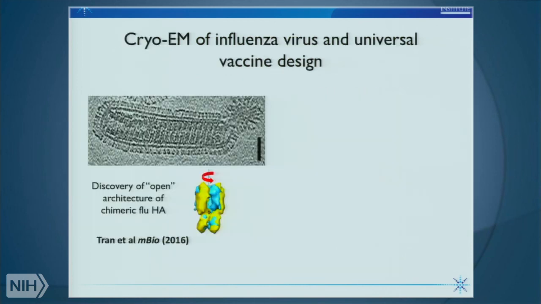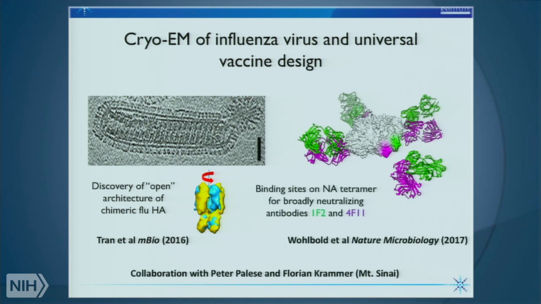And this early work has led to more recent work on influenza virus, and in a very powerful collaboration with Peter Palese and Florian Krammer, we've been extending these methods to try and understand how we can contribute to the development of a universal vaccine for influenza, both in terms of the HA molecule and in terms of the neuraminidase tetramer. And this work is ongoing, and it's been a very exciting aspect of our tomography work.